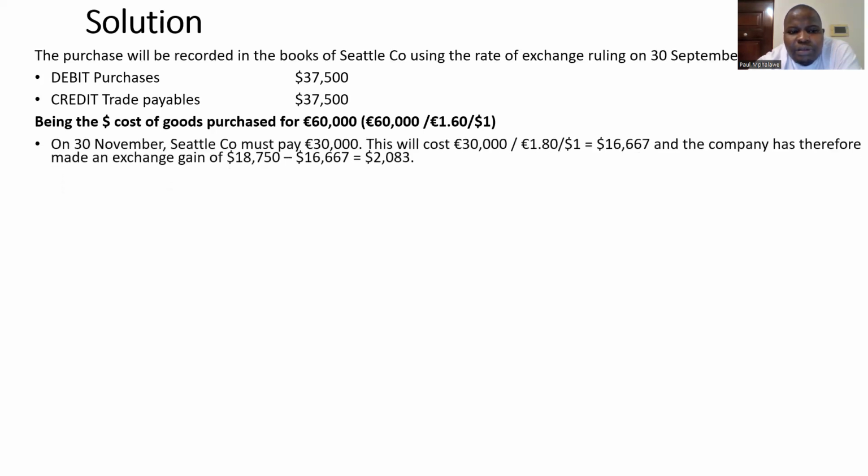On 30th November, Cito company must pay 30,000 euros, half of the 60,000. This will cost 16,667, if we take 30,000 divided by 1.8, the rate at 30th November. The company has therefore made an exchange gain.